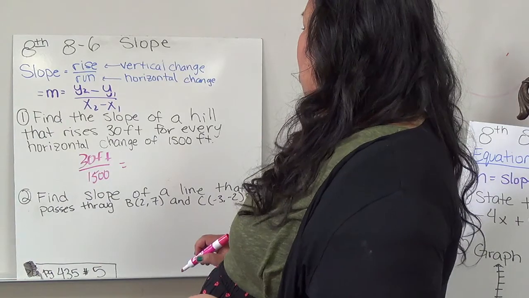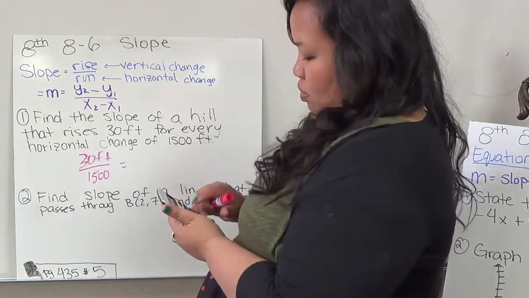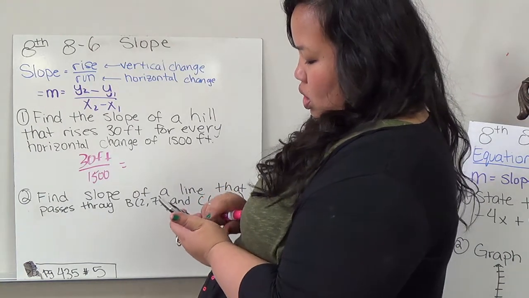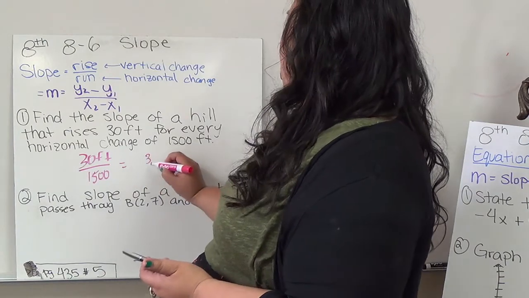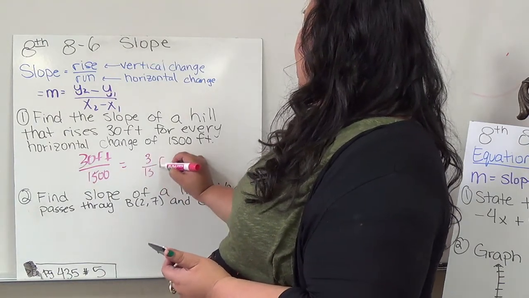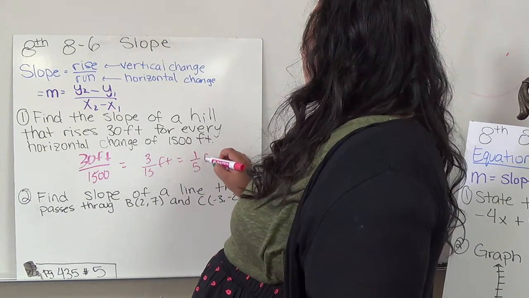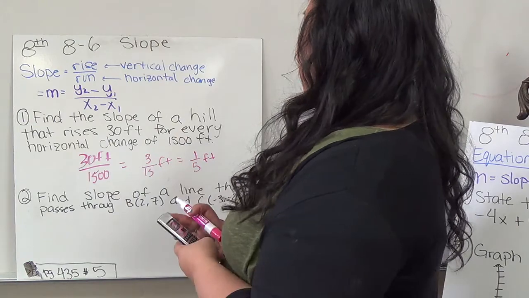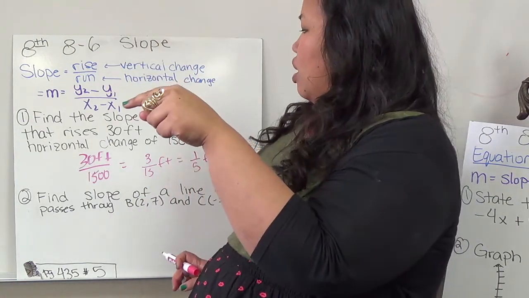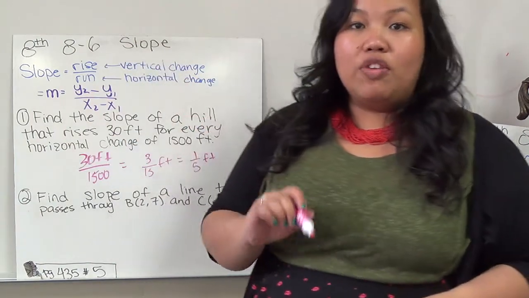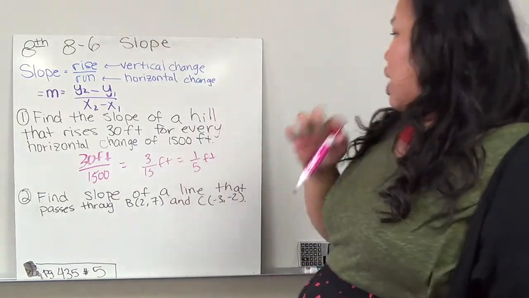So 30 over 1,500 can be reduced to 3 over 150, which can be reduced to 1 over 50. Okay? So on a hill, for every 1 foot it goes up, it goes over 50 feet. So that is this hill.